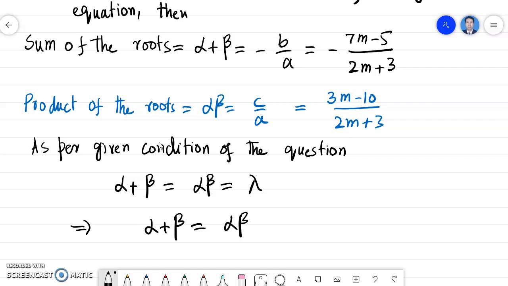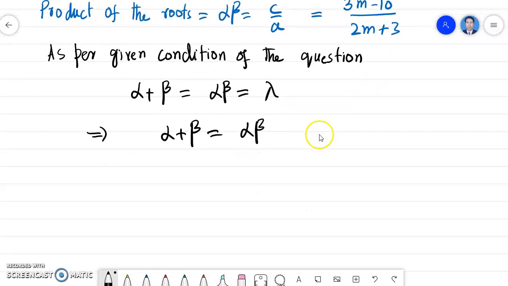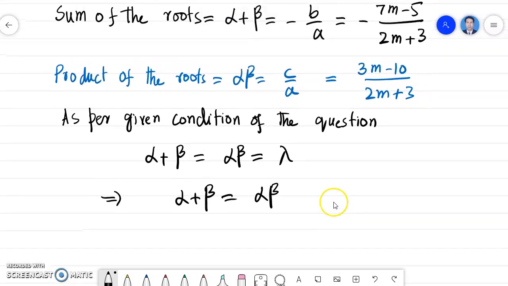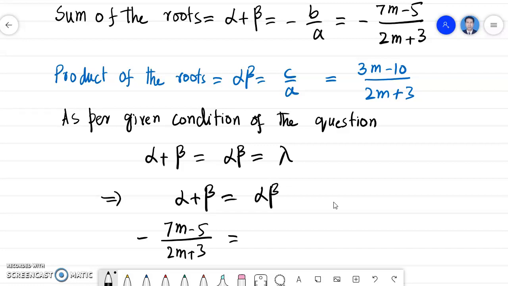Now we put the values. What is alpha plus beta? This is minus (7m minus 5) over 2m plus 3, and this is equal to (3m minus 10) over 2m plus 3.